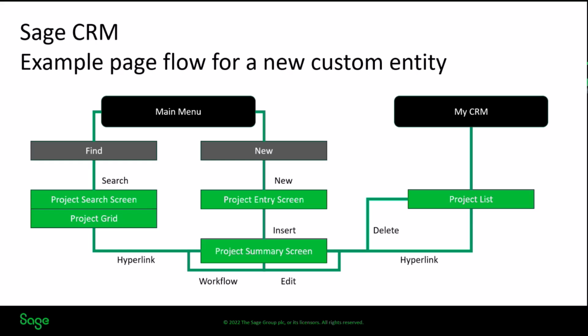You've created a new entity called project. From the My CRM menu, you might see a project list screen. From the main menu, you might want to be able to find the existing projects, or you may want to create a new project.